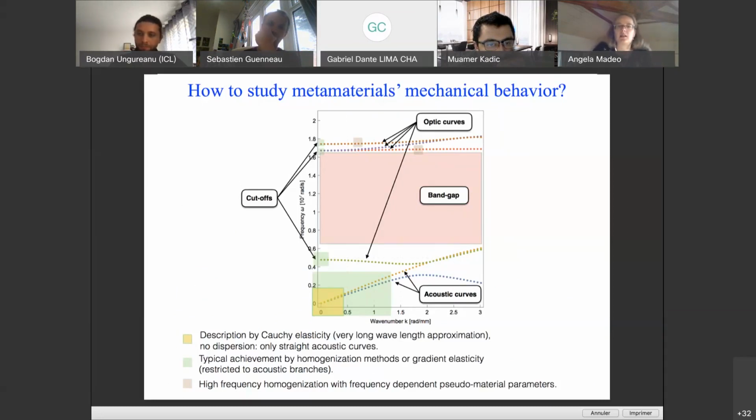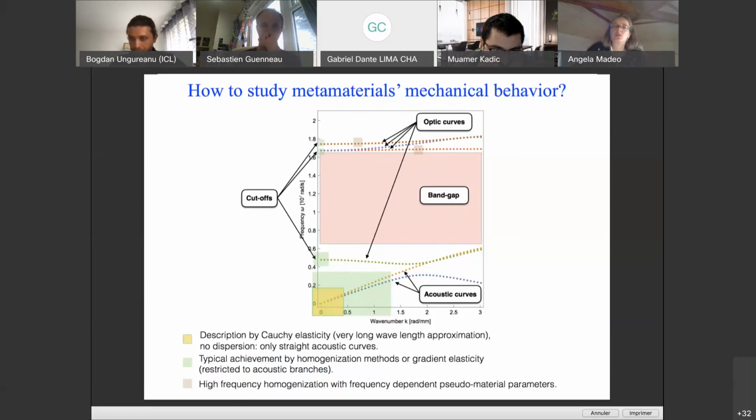I will make a very quick recap of that, but Cauchy elasticity only allows you to describe acoustic curves without dispersion, so the linear part of the acoustic curves. Then you have the green region, which is a little bit more extended, and you can achieve this with enriched theories, which are known as second gradient theories.